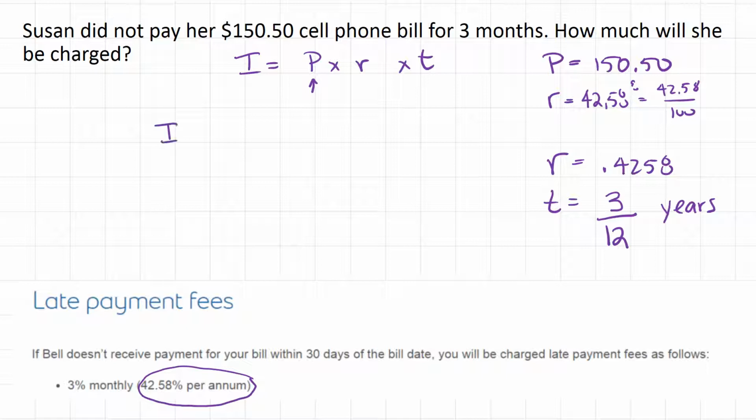So if we calculate the interest, it's $150.50 times the interest rate, which is 0.4258, times the time in years. So that's 3 out of 12 months. So if you're going to do this on a calculator, you can do it all in one step, or you can multiply these two together first, then multiply by 3, and then divide by 12.